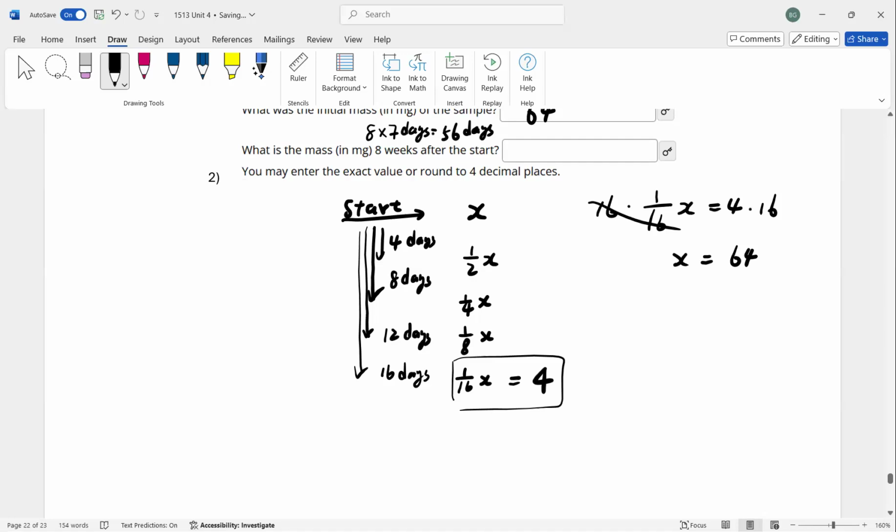So 16 days is 4 milligrams. After 20 days, it's going to be 2 milligrams, right? After 24 days, it's going to be 1 milligram. After 28 days, half.